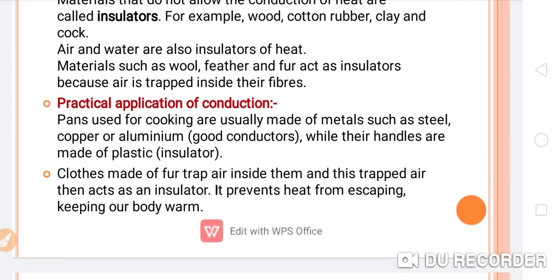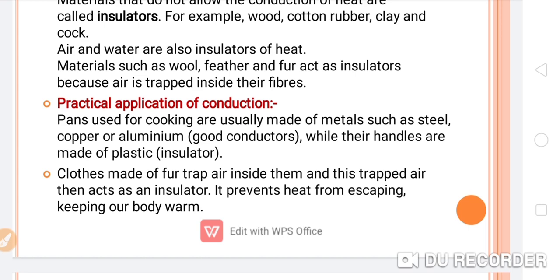Now next, clothes. Second point: clothes made of fur trap air inside them, and this trapped air then acts as an insulator. It means if you are wearing clothes, the air will be trapped inside the clothes. As we know, air is a poor conductor of heat. It prevents heat from escaping, keeping our body warm during the winter.